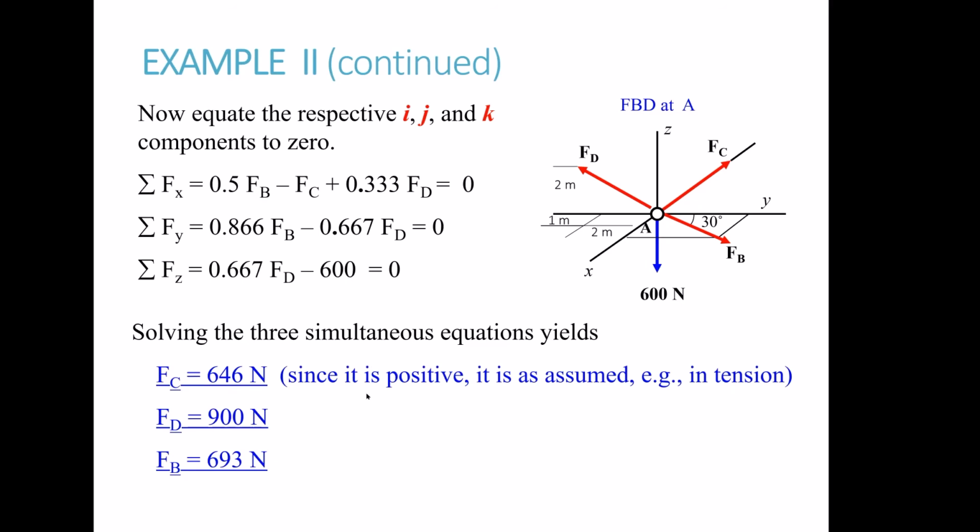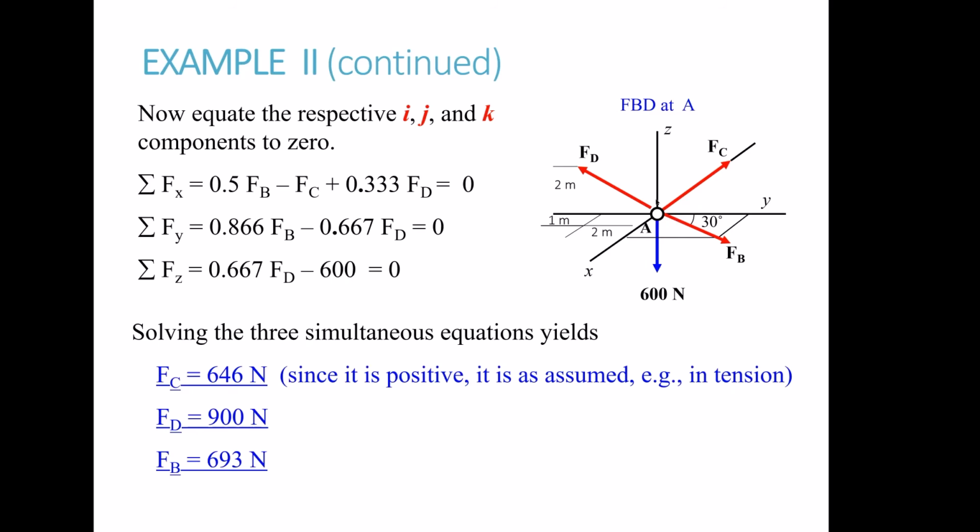All right. Okay, since it's positive, it's under tension. So one of the key things is, is it positive or negative? For us, they're all cables, so we know they're all going to be under tension. Further on in the course, when we start to look at structures where we have solid cross members, or solid members connecting different parts of our system, it could be under tension, it could be compression, okay?